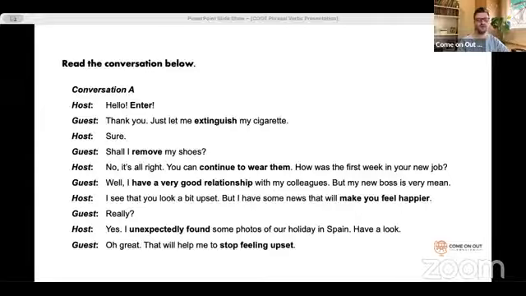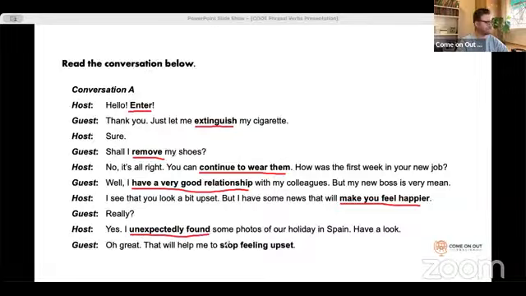So here we have a normal conversation, but I want you to pay attention to all the words in bold, like enter, extinguish, remove, continue to wear them, have a good relationship, make you feel happier, unexpectedly found, and stop feeling upset.